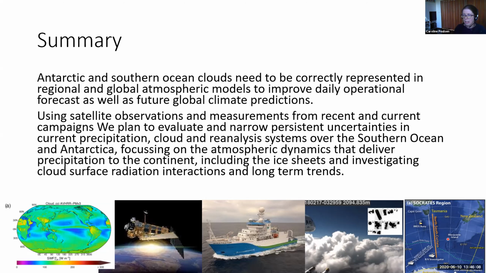And we're going to use satellite observations and measurements from these campaigns to really evaluate and narrow these uncertainties in precipitation, cloud, radiation over the Southern Ocean and Antarctica. I'm really hoping that some of the results will feed into some other projects, and we're really happy to work with other people. And yeah, looking forward to working with SAEF. Thank you.